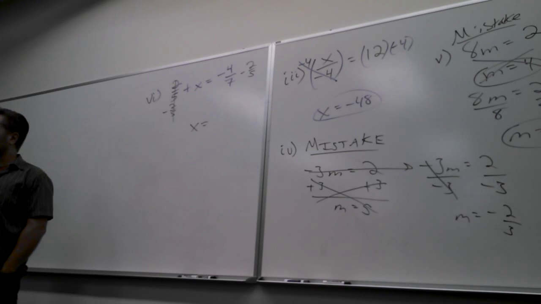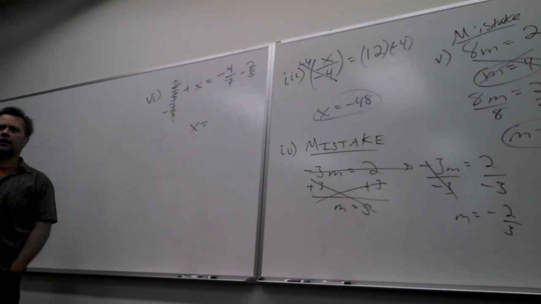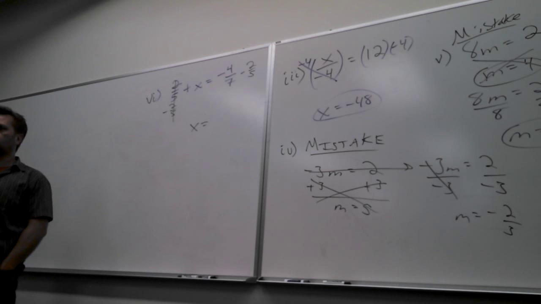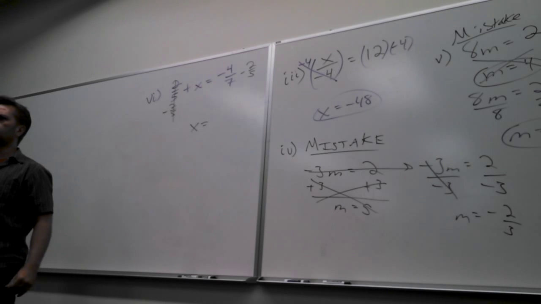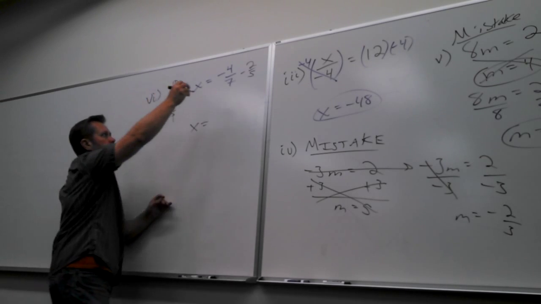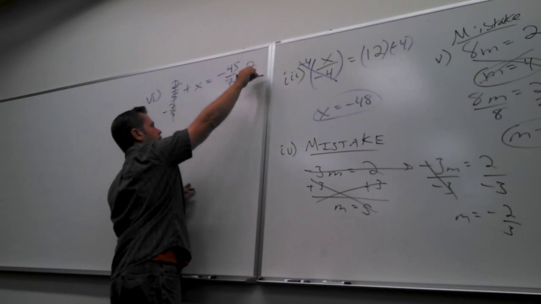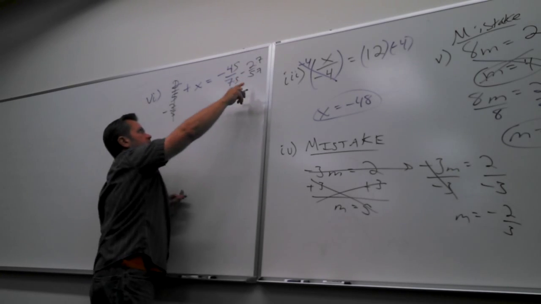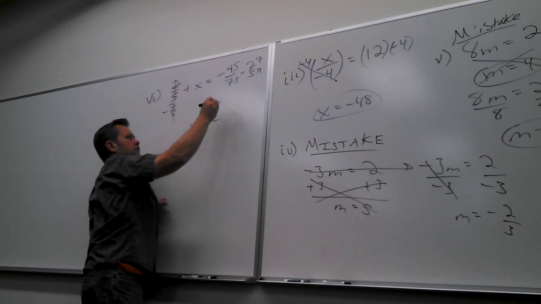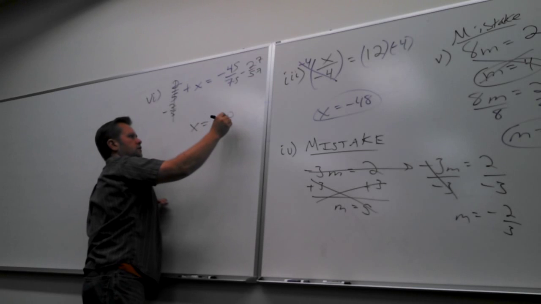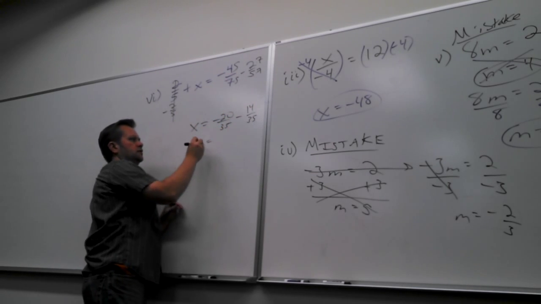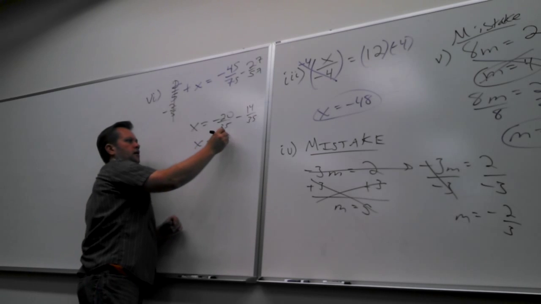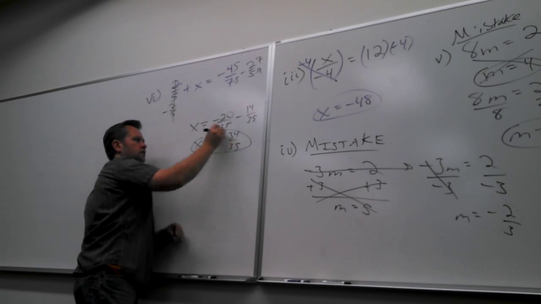They have nothing in common. Like 8 and 4 have 4 in common, but 5 and 7 are prime to each other. That's the one time the LCD is the product. So 5 times 7: this one needs a 5, this one needs a 7. So you get negative 20/35 minus 14/35, so you get negative 34/35.